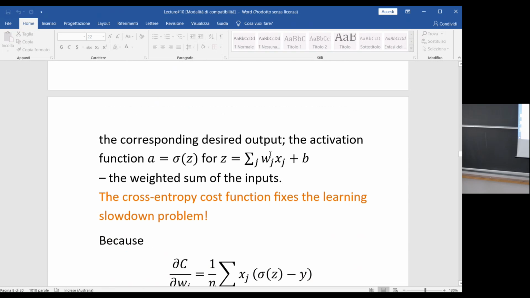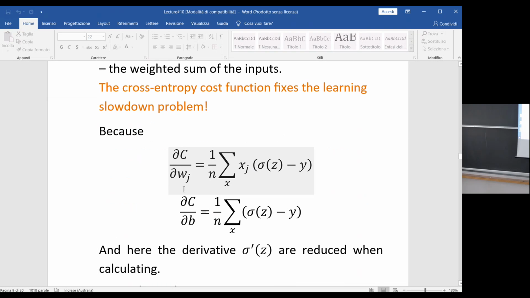Taking the partial derivative, we can cancel in numerator and denominator the same terms, sigma prime.